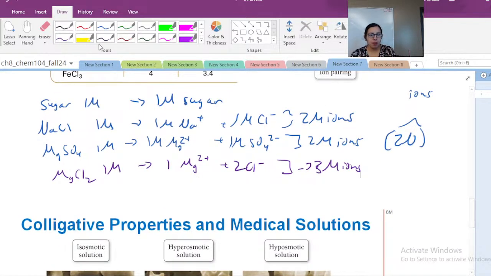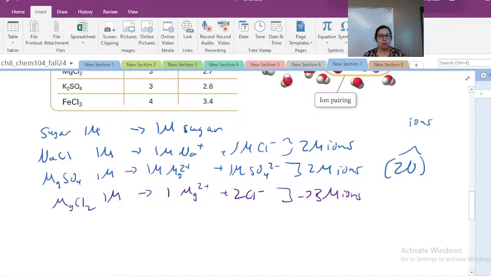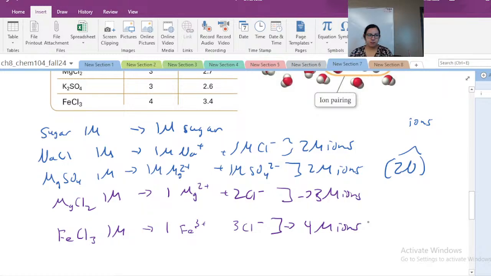So last one there, we'll just skip down to iron chloride. Again, we have a 1 molar solution of it, but then it makes 1 mole of iron 3+, and then 3 molar solution of chloride ions, so giving us 4 molar of ions effectively.